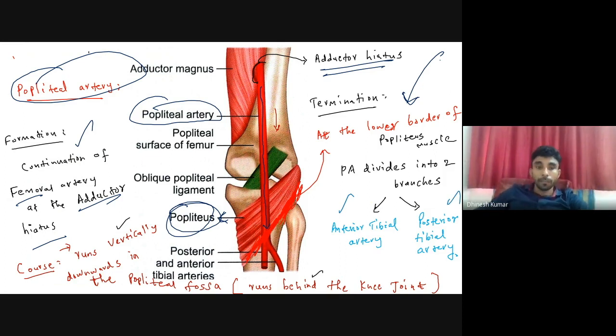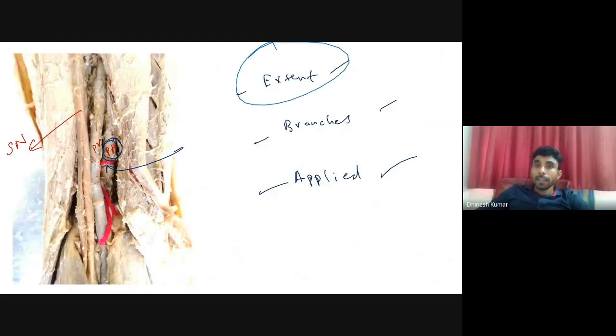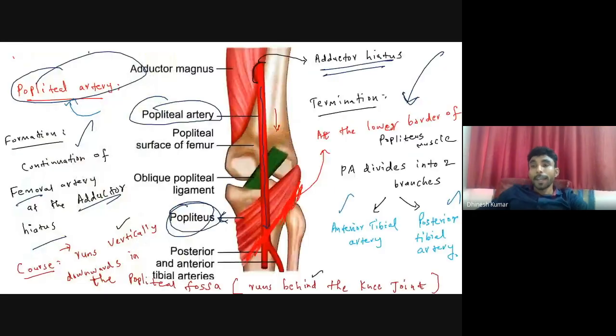So it extends from the adductor hiatus to the lower border of the popliteus muscle, where it divides into the anterior and posterior tibial arteries.